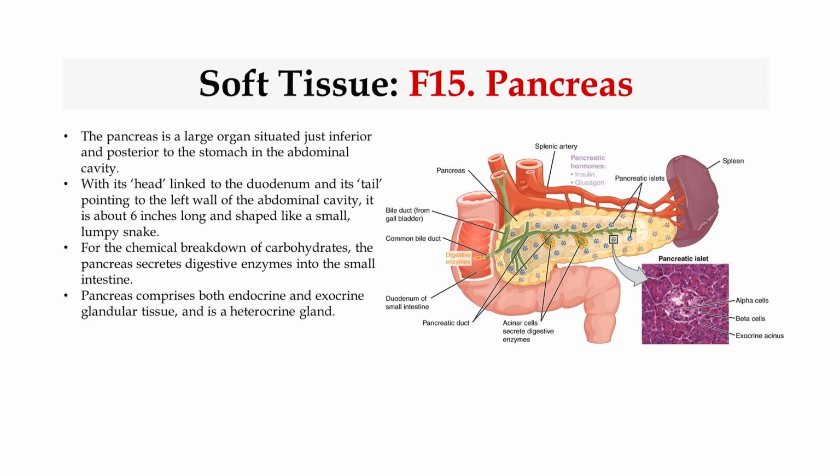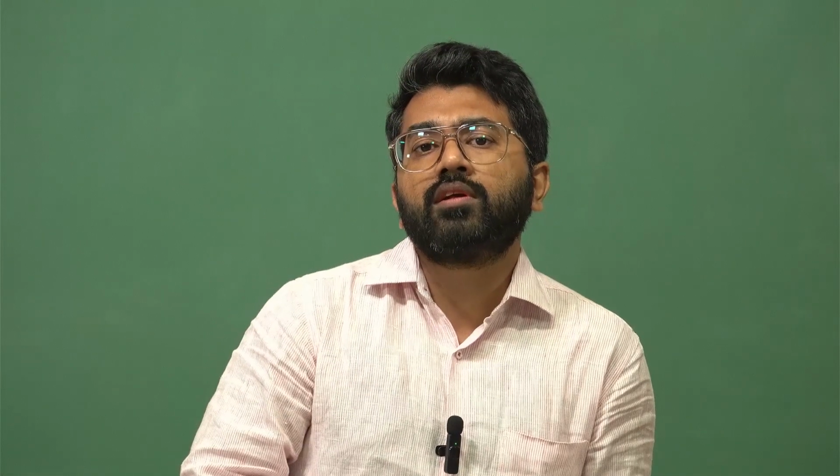The pancreas has the acinar cells which secrete the digestive enzymes. You have the pancreatic ducts, you have the duodenum of the small intestine where it ends, and then you have the pancreatic islets, right? You have the alpha cells, beta cells, and exocrine acini. These are different components at a microstructural level, right?